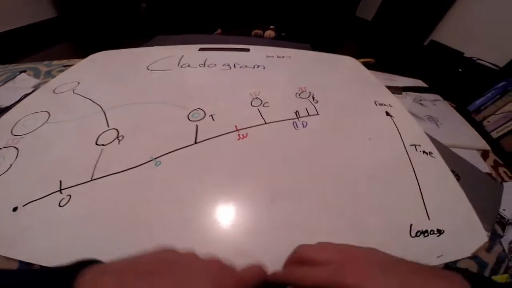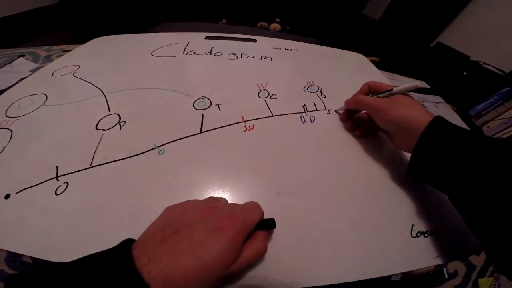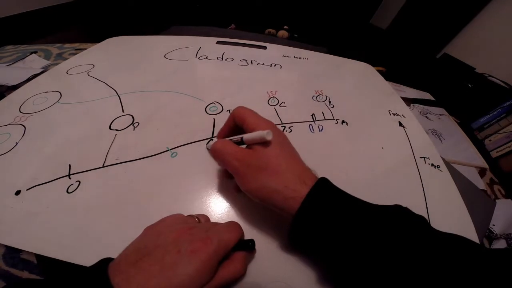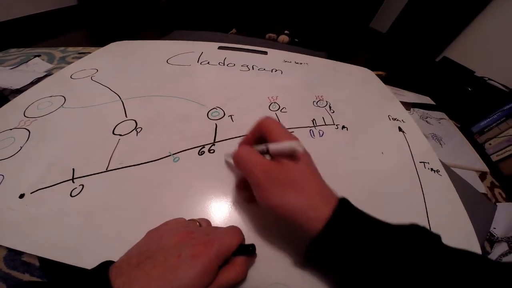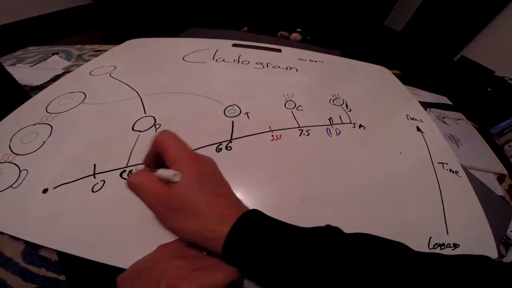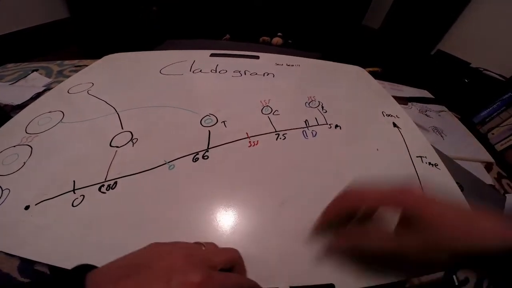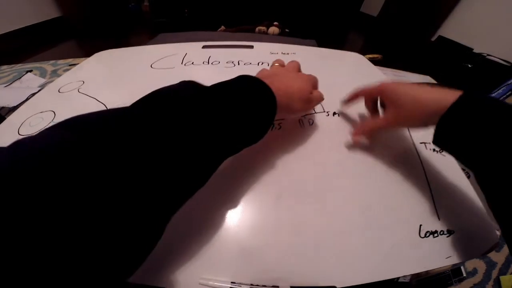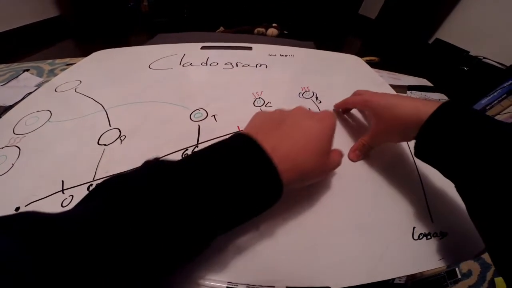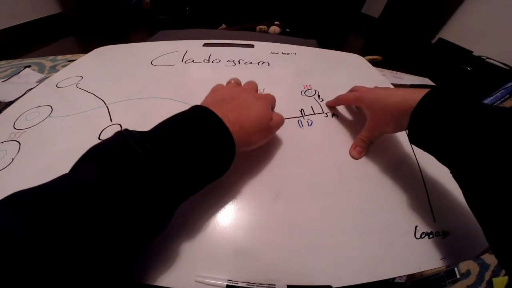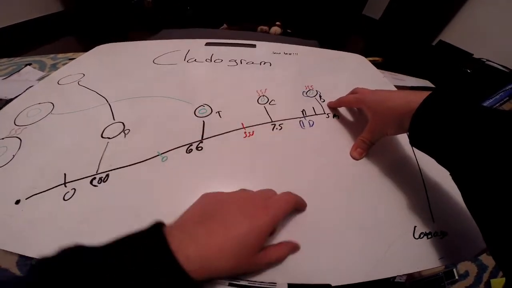So let's just say that that's going to be 5 million years ago. This is going to be 7.5 million years ago. That's 66 million years ago. And then let's just say that's 800 million years ago. It's for time. So since this happened 5 million years ago, where this species came to existence, the closest relative to that species is going to be this species. So Bobbert's closest relative is Catherine, or whatever I call her again, I forget.